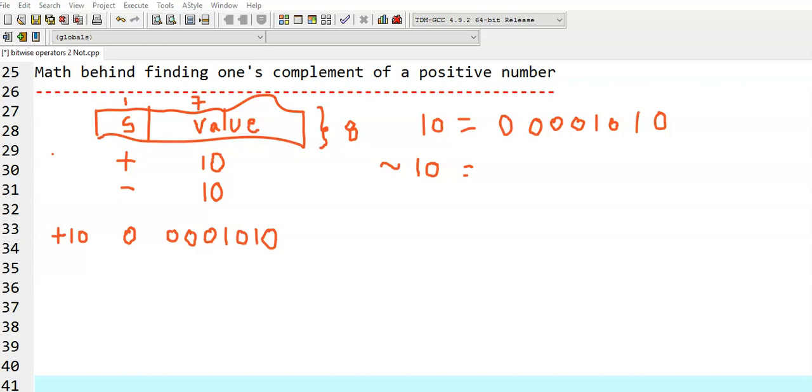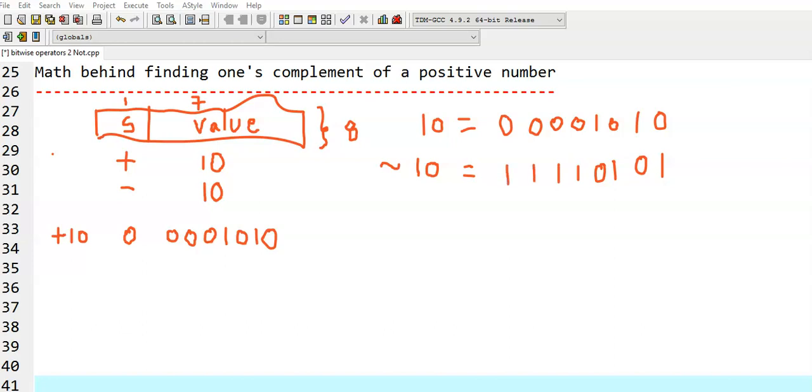We see what happens here. Bitwise NOT inverts all the bits. In place of zeros, it will write ones. In place of ones, it will write zeros. In place of 0, we get 1. In place of 1, we get 0. Similarly, we write all those values: 11110101.